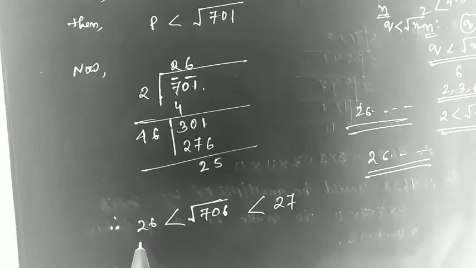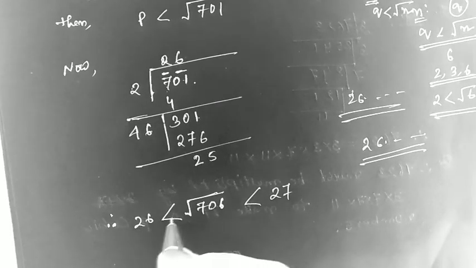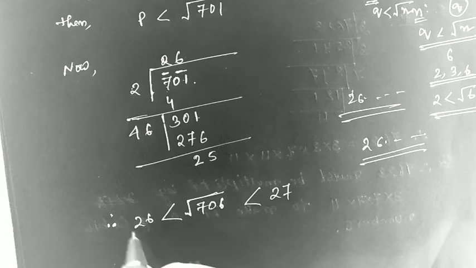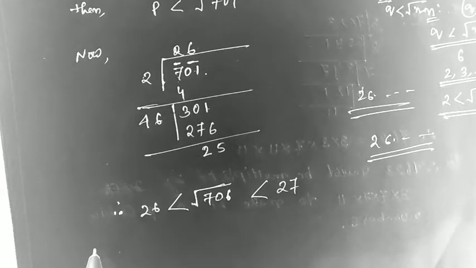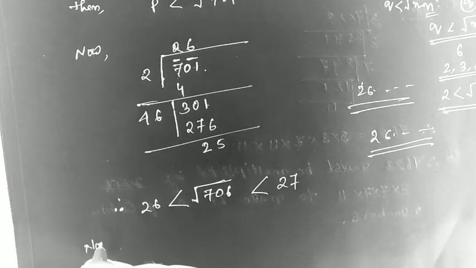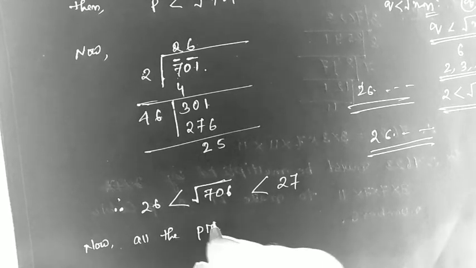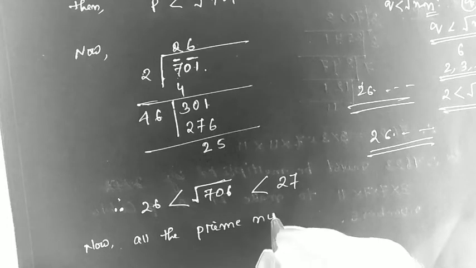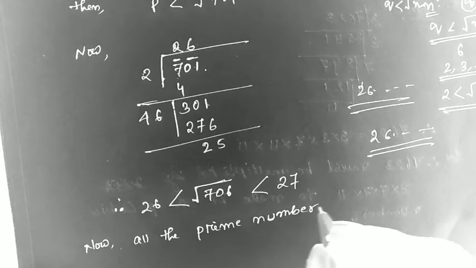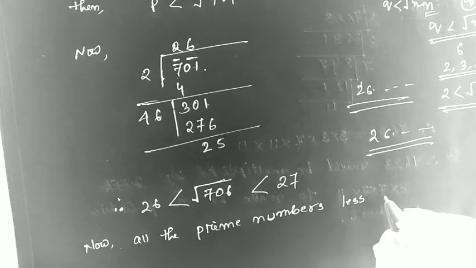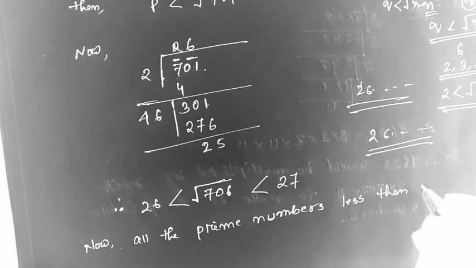Now we will see all the prime numbers less than 26. So you have to write all the prime numbers less than 26.